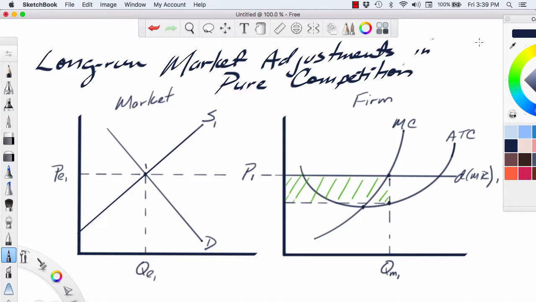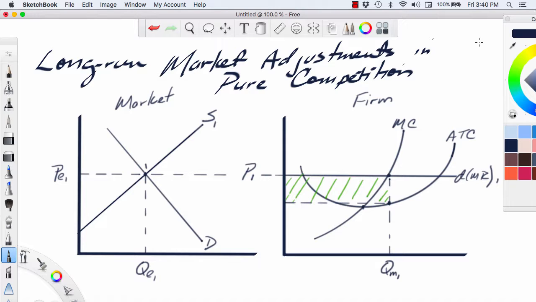You go, why? Well, in the purely competitive market, we have very easy entry and exiting. It is very easy for firms to get into this market, and it is very easy for firms to get out of this market. For instance, if this were the corn market, there are millions and millions of people growing corn.